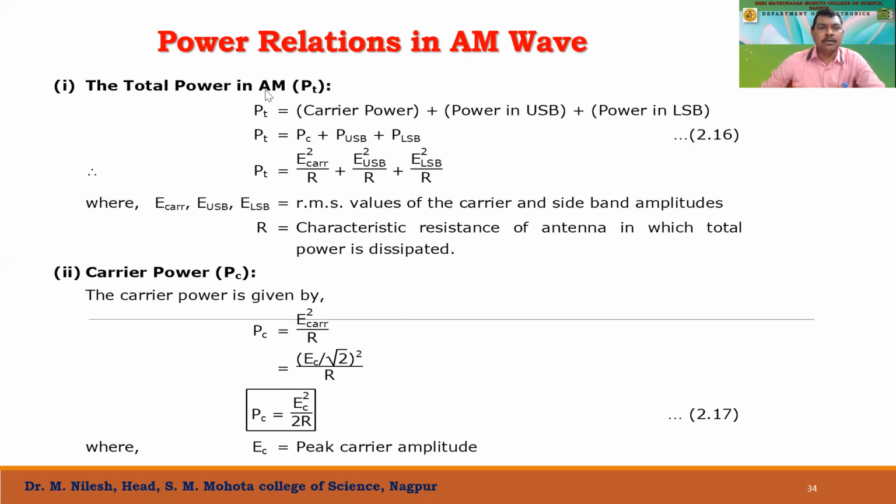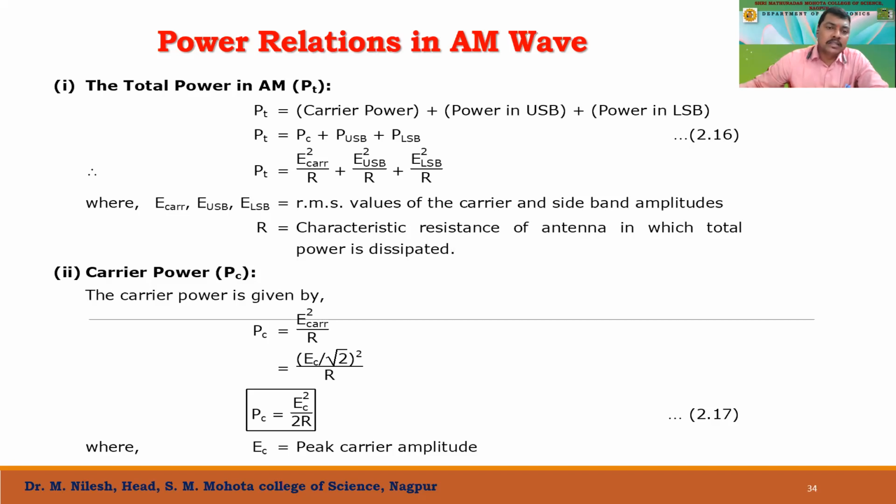The total power in the AM wave can be calculated like this: carrier power plus power in the upper sideband plus power in the lower sideband. We can write PC plus PUSB plus PLSB, and power is E square by R, or V square by R, that is another formula for power.